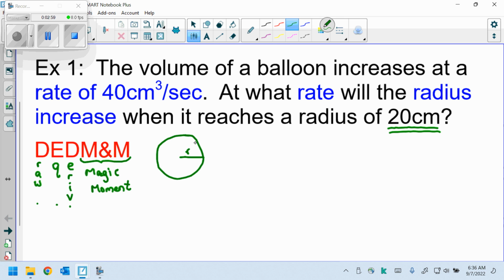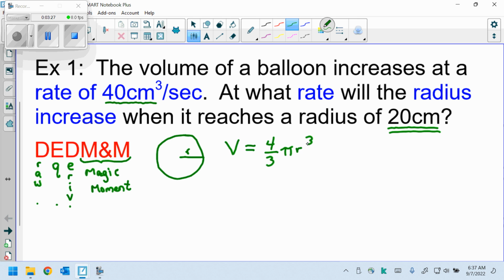We're given some information about the rate at which the volume is changing. So I think volume is the quantity that's going to be pretty crucial here. The volume of a sphere is 4/3 pi r cubed.